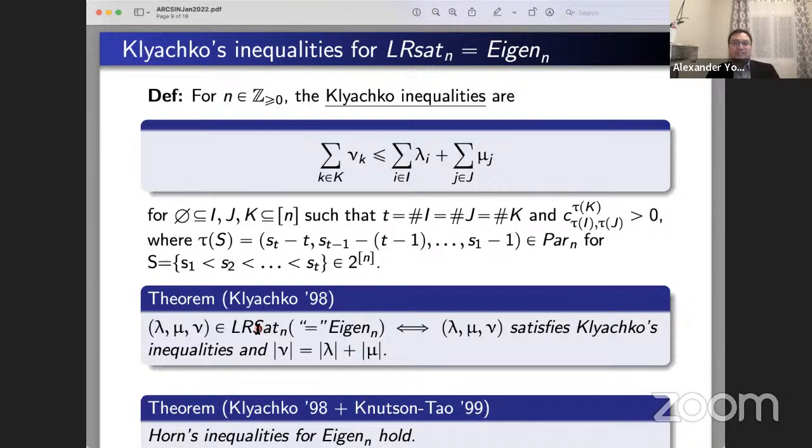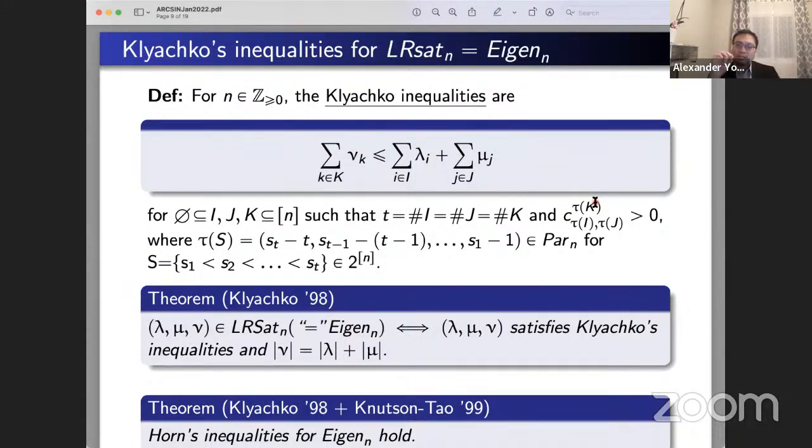Okay, so to your question, when you combine this result with Knutson and Tao's theorem, you get something called Horn's inequalities. I think it's a little bit tricky to suss out exactly the relationship between various theorems if you're not studying this stuff. So let me hopefully explain. Horn in the 50s had a list of inequalities that look exactly like this, except that his answer was not that the Littlewood-Richardson coefficient is non-zero, it's that the smaller eigenvalue problem has a solution.